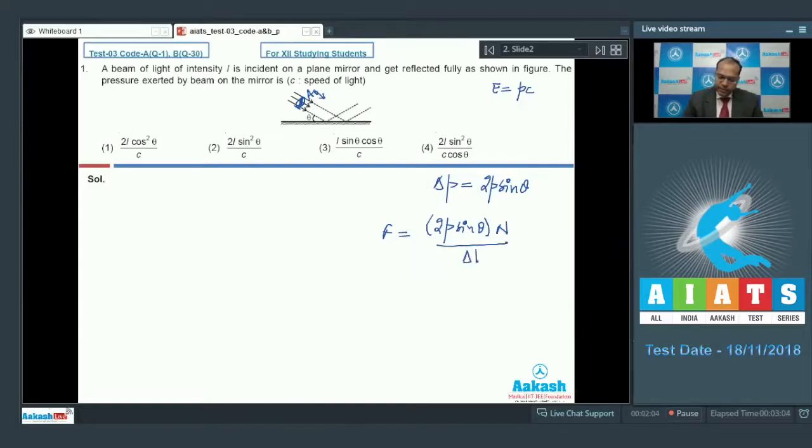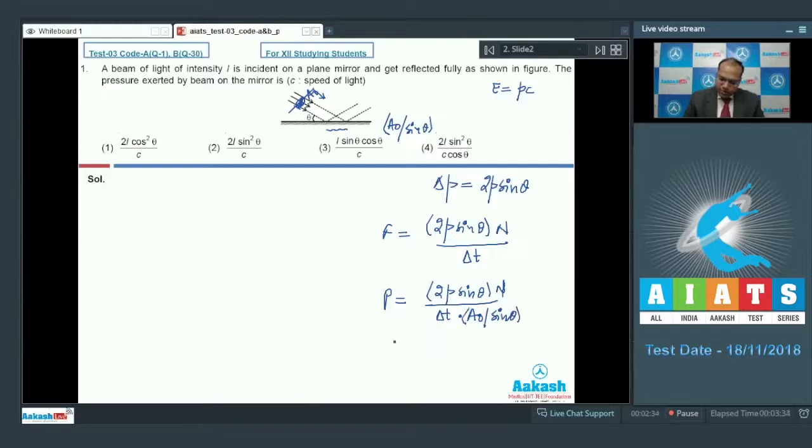So if I write the pressure, then pressure would be 2p sine theta into n divided by delta T into area. The cross section area is A0, so the area of this part will be A0 by sine theta.